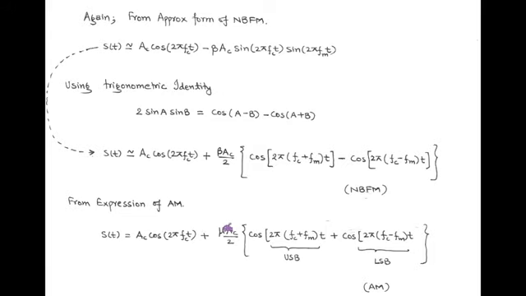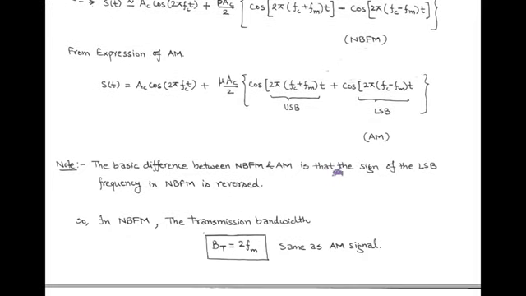The only basic difference between narrowband FM and AM is that the sign of the LSB frequency in narrowband FM is reversed, that is negative. Also, we know that in AM, the transmission bandwidth is twice the modulating frequency. Similarly, narrowband FM also has a transmission bandwidth of twice fm.